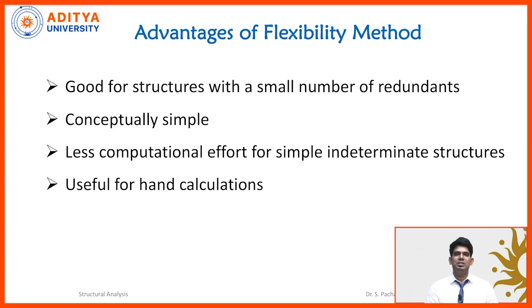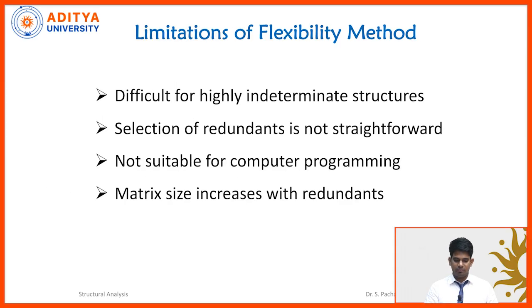This method is suitable for manual calculations, and in academics for understanding small concepts we use it. Conceptually the flexibility matrix method is simple, with less computational effort for simple indeterminate structures, useful mostly for hand calculation. So we can derive the disadvantages from the advantages itself.